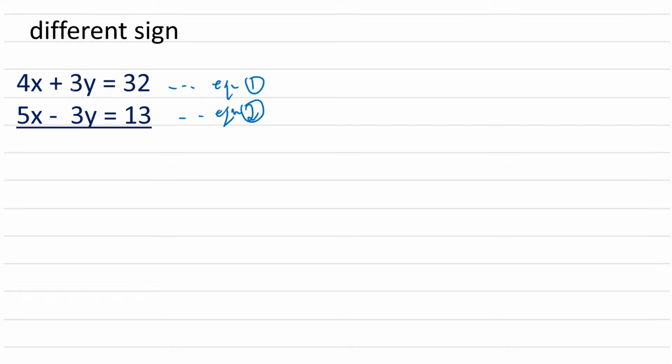I'll have 3y minus minus 3y. Minus and minus becomes plus, and this will end up giving me 6y.